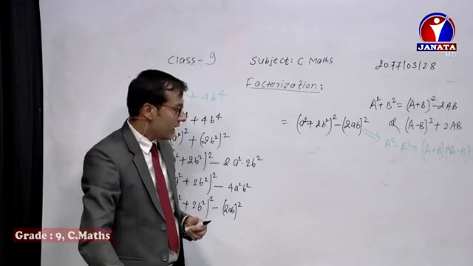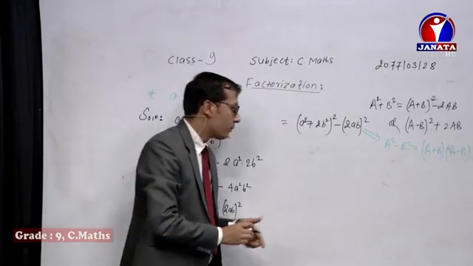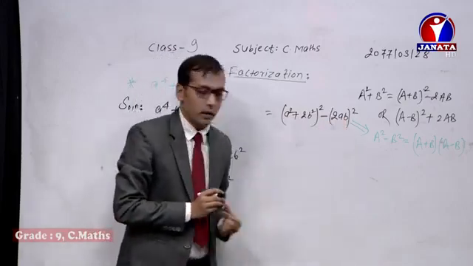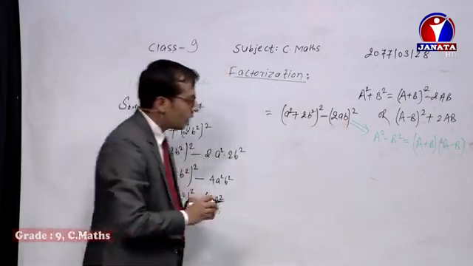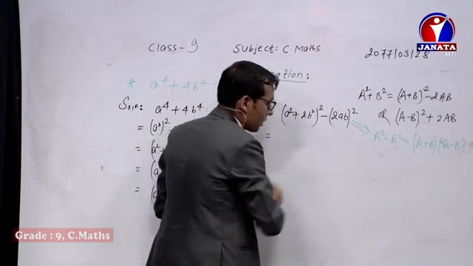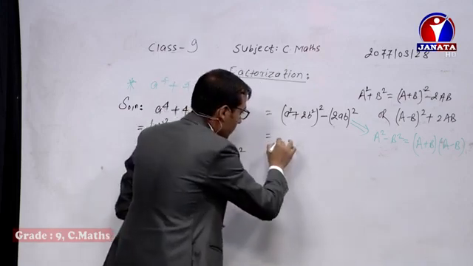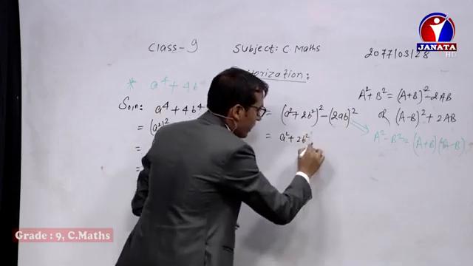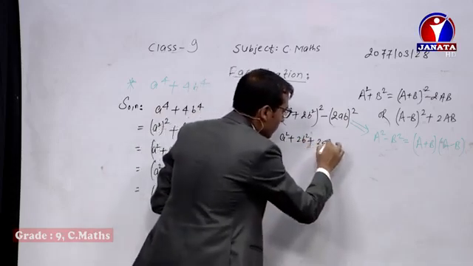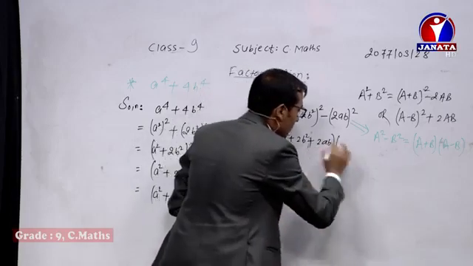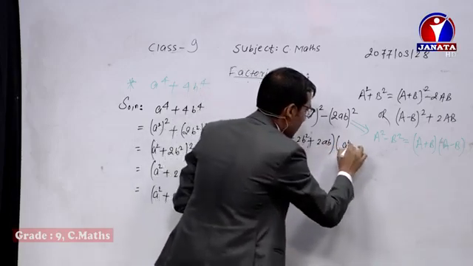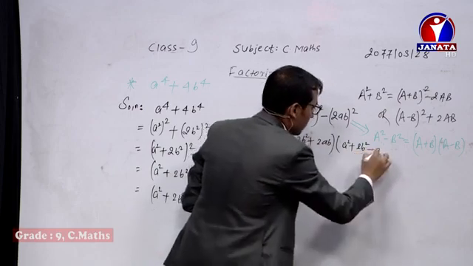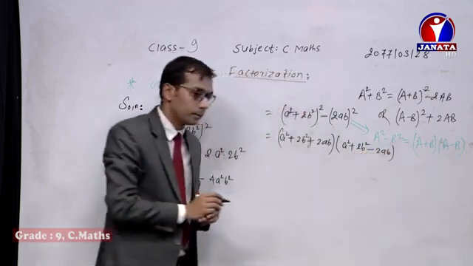So what is a? Here a is a square plus 2b square, and what is b? 2ab. Let's convert into a square minus b square form. (A plus b): a square plus twice b square plus 2ab, times (a minus b): a square plus twice b square minus 2ab.